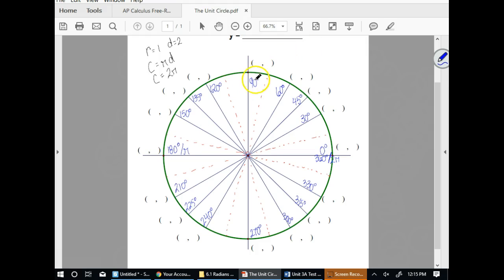So what about 90 degrees? It's half of pi, right? And half of pi, we're going to write like this. Let me use black instead so we can differentiate these a little bit. So 90 degrees is pi over 2. That's half of pi.